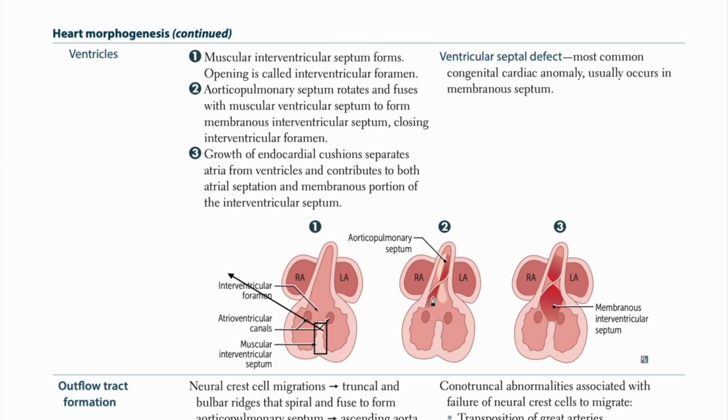So this is going to attach to this, right? So that's how it's going to be attached to the muscular interventricular septum, closing the interventricular foramen. Since this is the foramen, if you can imagine this is attached to this from here to here, all of this is going to be covered up with the septum. So there's no foramen now. That is ugly.